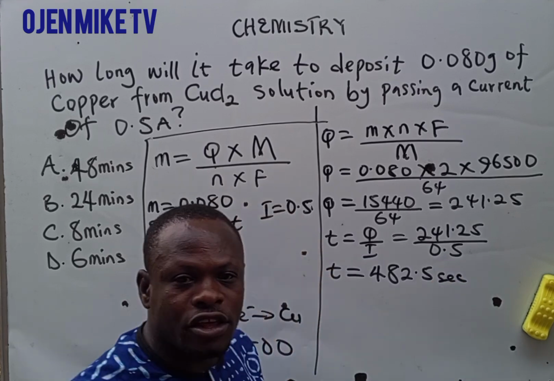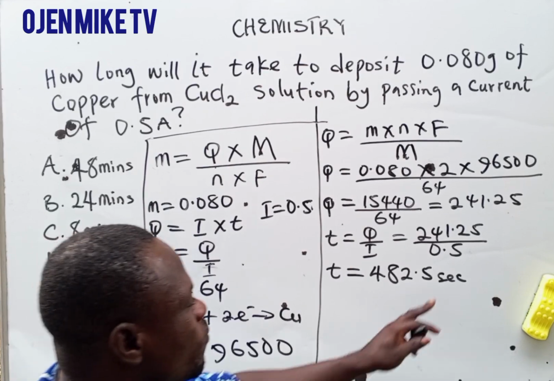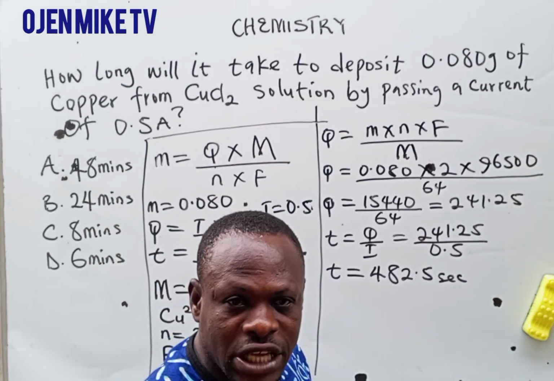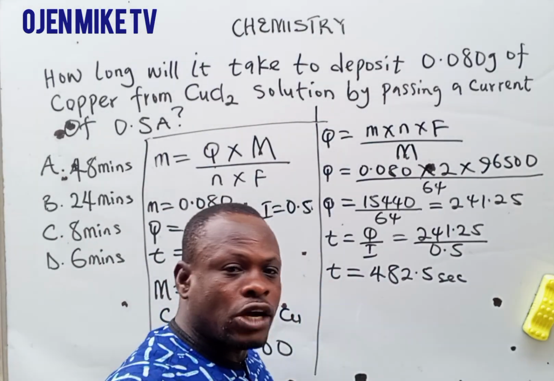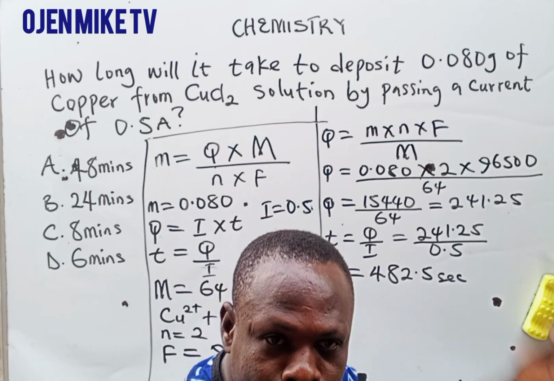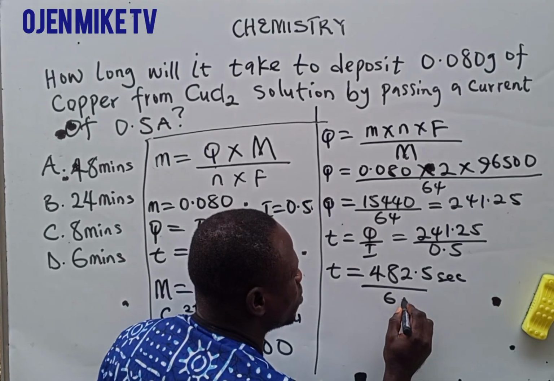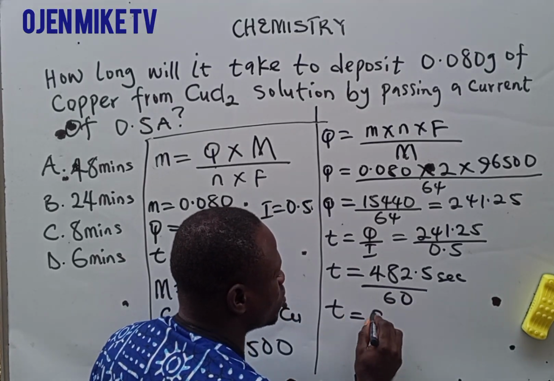This is in seconds, and your option says it must be expressed in minutes. So you need to convert these seconds into minutes. How many seconds make 1 minute? Of course, you know that 60 seconds make 1 minute. So we divide this by 60, and time now will give you 8 minutes.